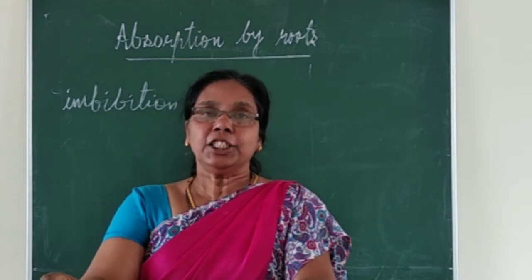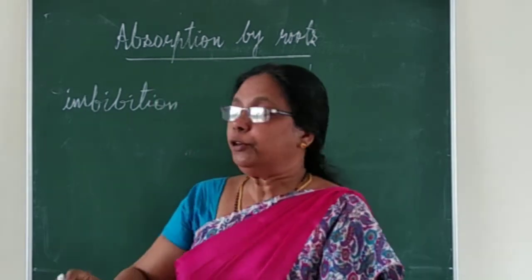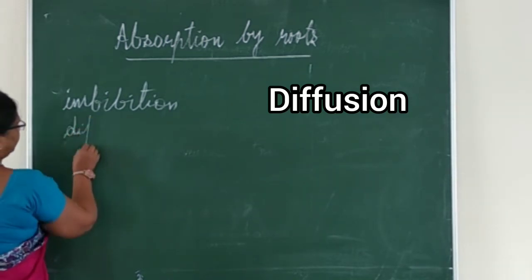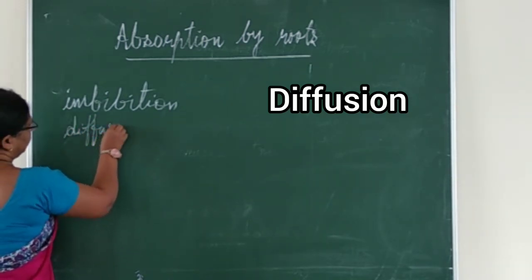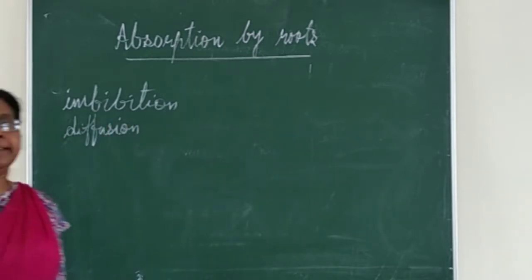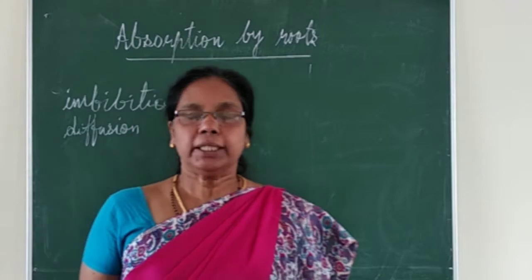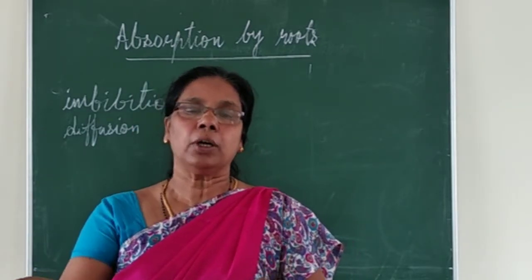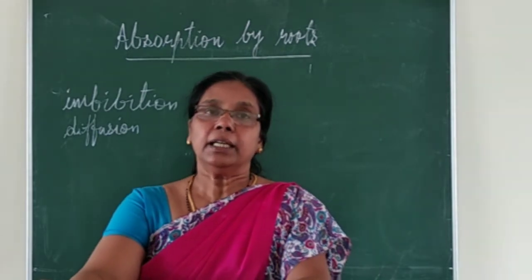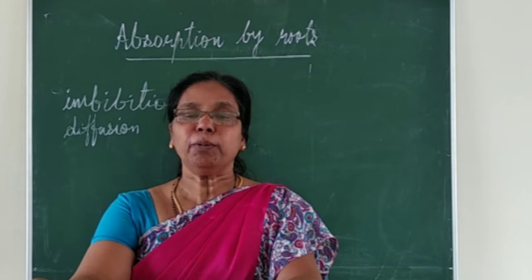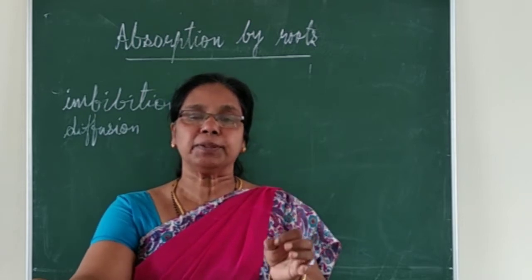And the next process is called diffusion. So this is the second thing, that is absorption and conduction of water and mineral salts by the second process called diffusion. What is meant by diffusion? Diffusion is the free movement of molecules of a substance.